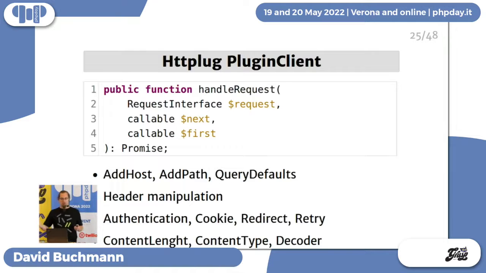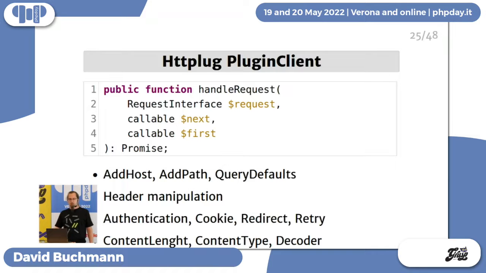So the middleware thingy is the plugin client, where you can have a plugin that takes the request and gets the chance to interact either with the request or with the response coming back, and has a way of forwarding to the next plugin, or it has also a way to restart a chain to go back to the first item of the chain. For example, if you want to do a retry of the request, you could go to the first plugin again.